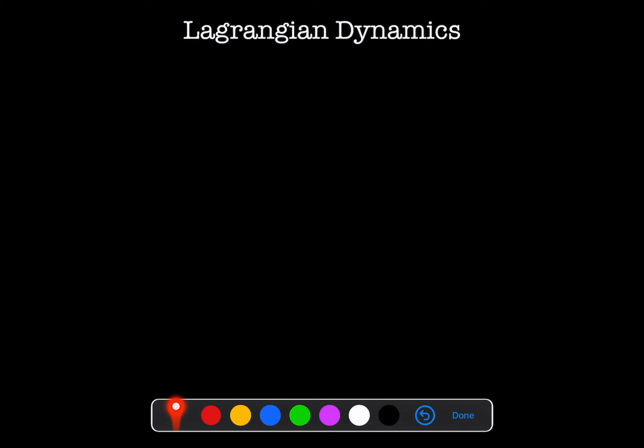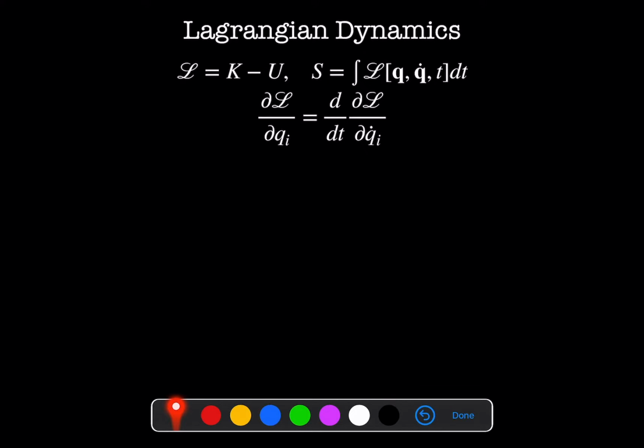Let's take a look at a couple of special cases that will make your integration for these systems a lot easier. Here's our Lagrangian, the kinetic energy minus the potential energy, and our Euler-Lagrange equation in terms of our generalized coordinates, q. This term on the left, these are my generalized forces, and the terms on the right are the rate of change of my generalized momentum.